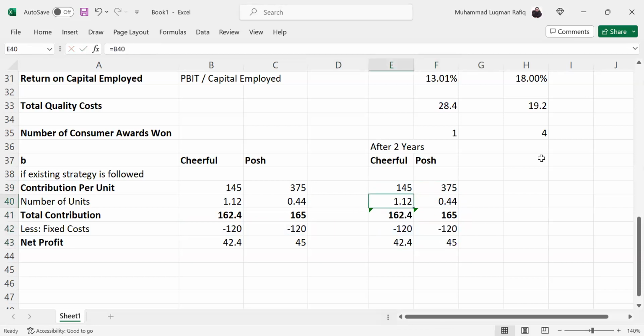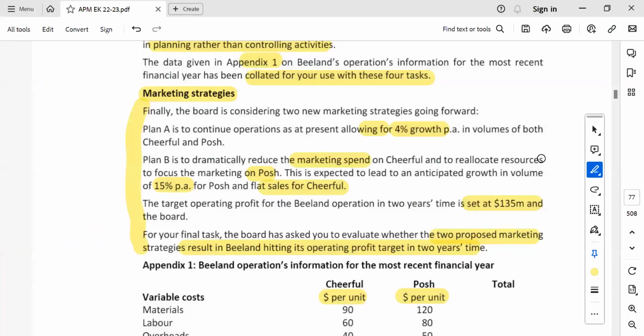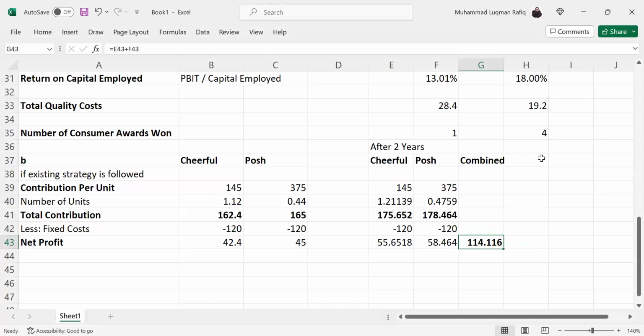Okay, now see what's going to happen. This is going to be multiplied by 1.04 power 2. Why 2? Because we're expecting it's going to increase by 4% per annum. This is going to be into 1.04 power 2. Hence, the combined result for the profit after 2 years is going to be this plus this, 114.116. And it should have been 135 million. That's a problem.